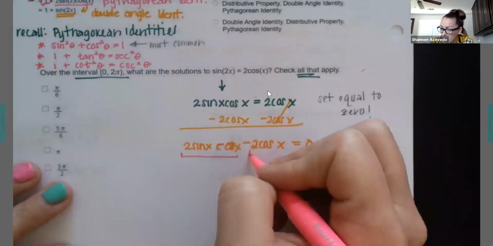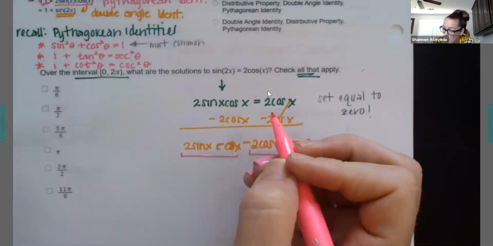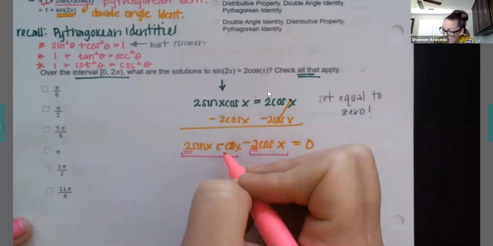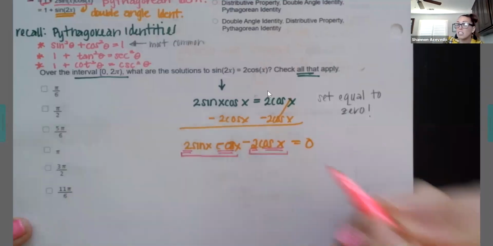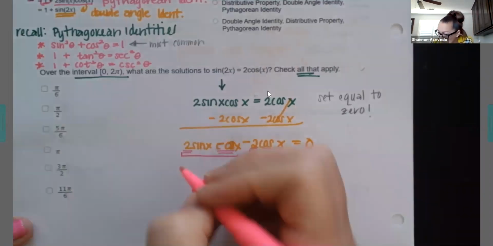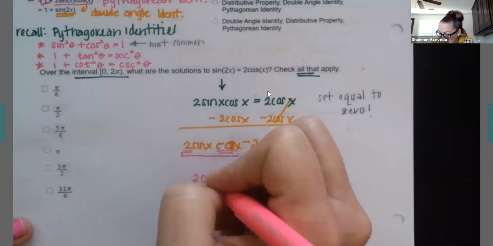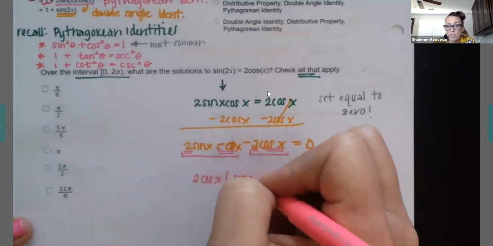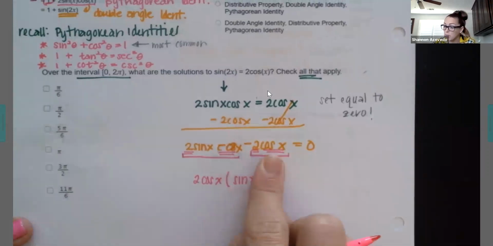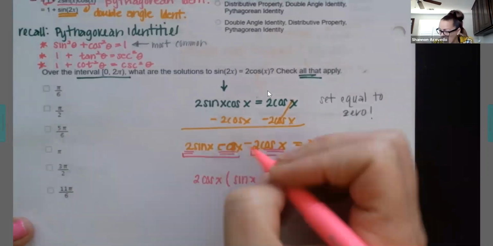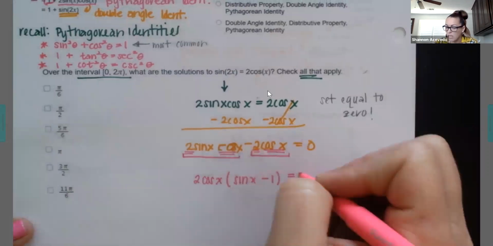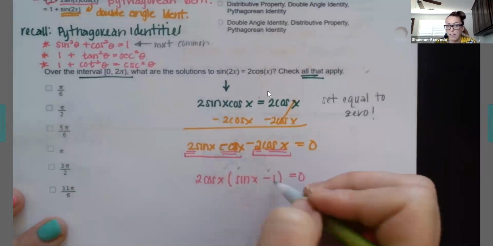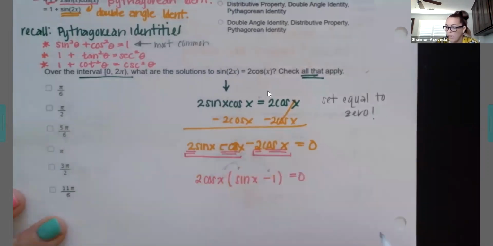That's one term, two terms. They both have in common a 2, and they both have a cosine of x. So I can factor out 2 cosine of x times my sine of x. Now, when I factor this out, it doesn't just become nothing there. It becomes minus that value of 1, right? Minus 1 is equal to 0. Because if I distributed this through, I need to end up with what I have up here.